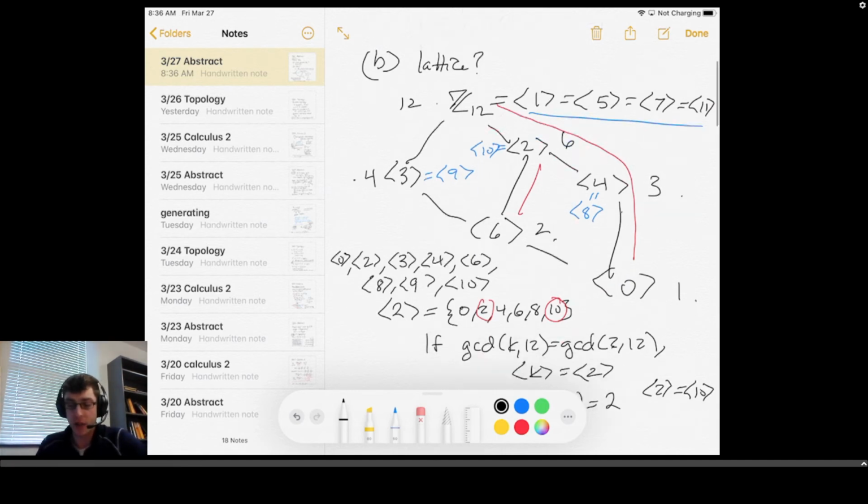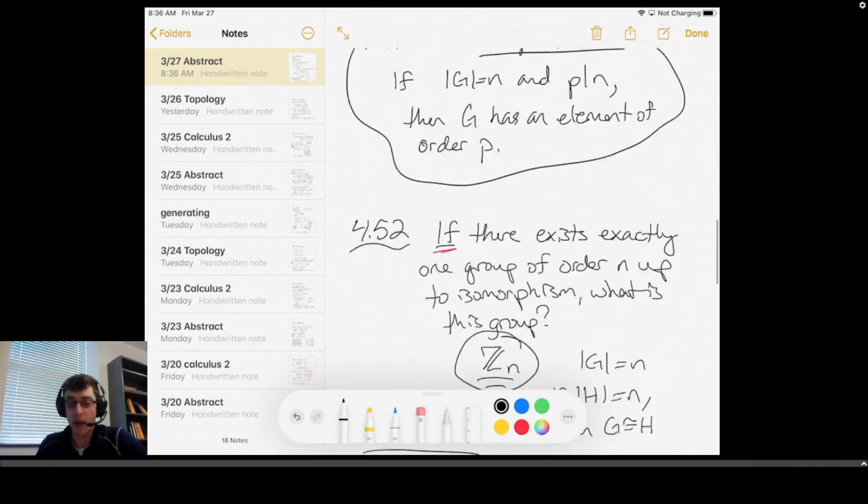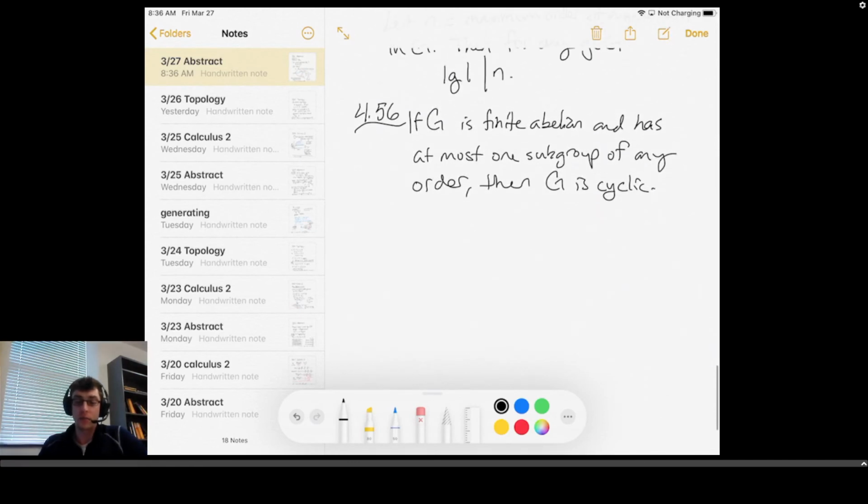And essentially the idea here seems to boil down to if I had other subgroups of the same order, well, then they had the same GCD, and so they generated the same group, right? That's what made this happen. So that's more in line with the proof of the following theorem, which is the converse of this. But it's still useful in terms of gaining intuition for why this should be true and what's going on.